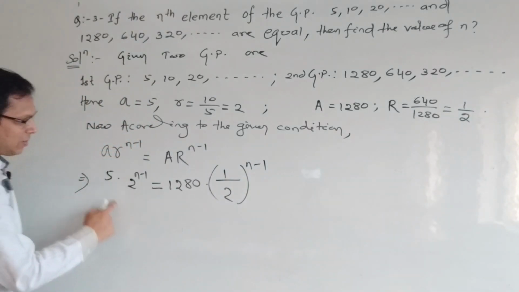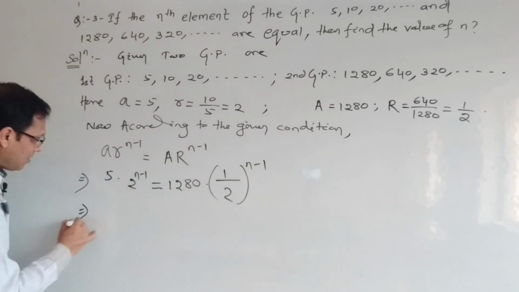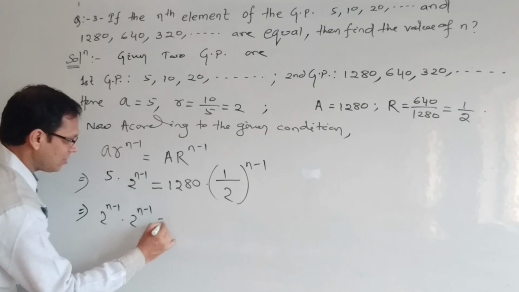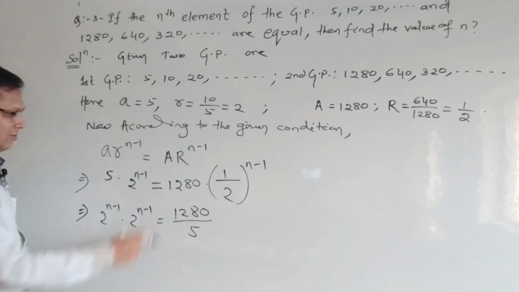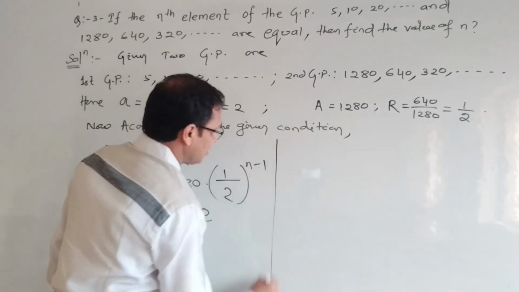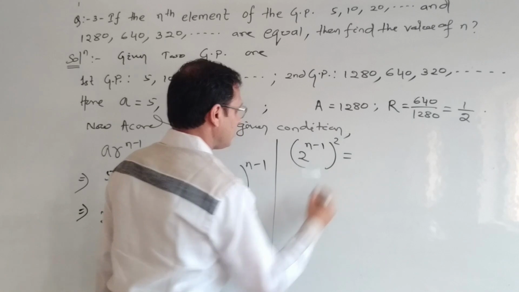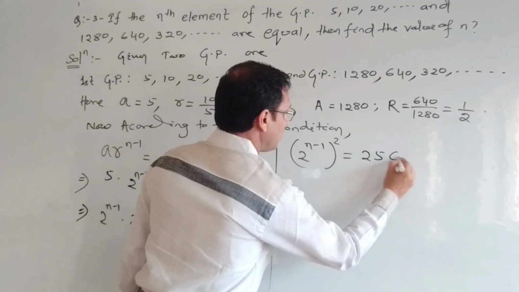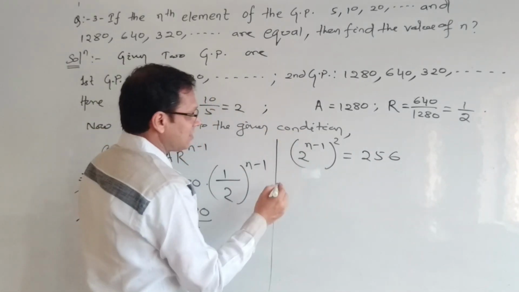Now 5 should be divided here and 2 to the power n minus 1 should be multiplied at RHS, that is 2 to the power n minus 1 into 2 to the power n minus 1 is equal to 1280 by 5. Okay. Now 2 to the power n minus 1 into 2 to the power n minus 1, how much? That is nothing but 2 to the power n minus 1 whole square is equal to 256. 5 2s are 10, then 5 5s 25, 5 6s 35.